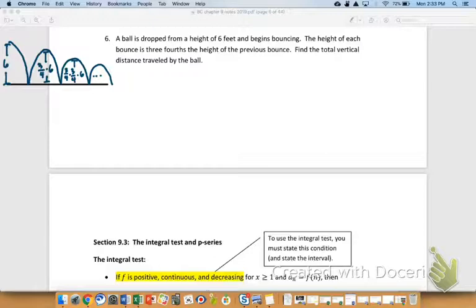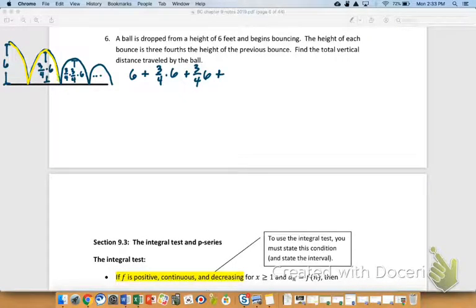All right, well, let's see if this makes sense. If I was just going to be very elementary schoolish about this, couldn't we say that the total vertical distance traveled would be something like 6 plus 3/4 of 6 plus 3/4 of 6 plus... wouldn't that kind of thinking get me from here to there to there?